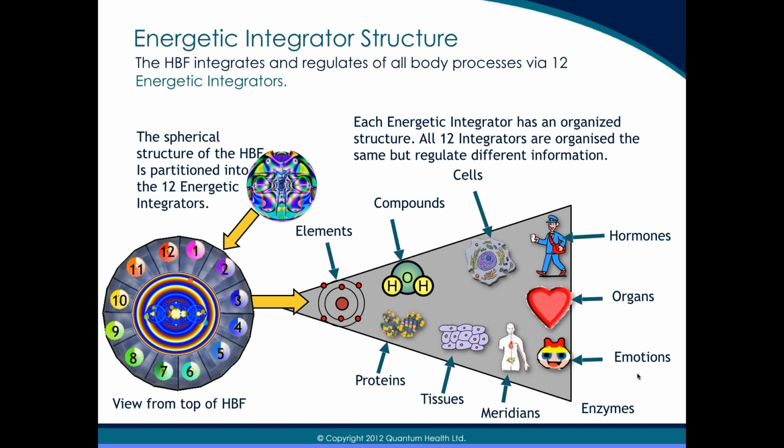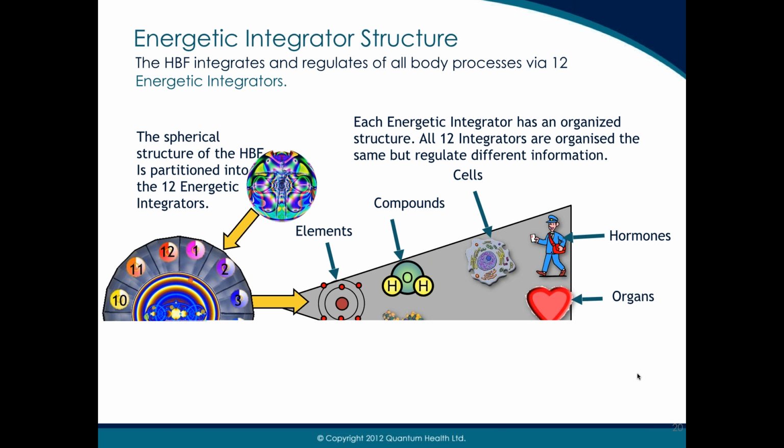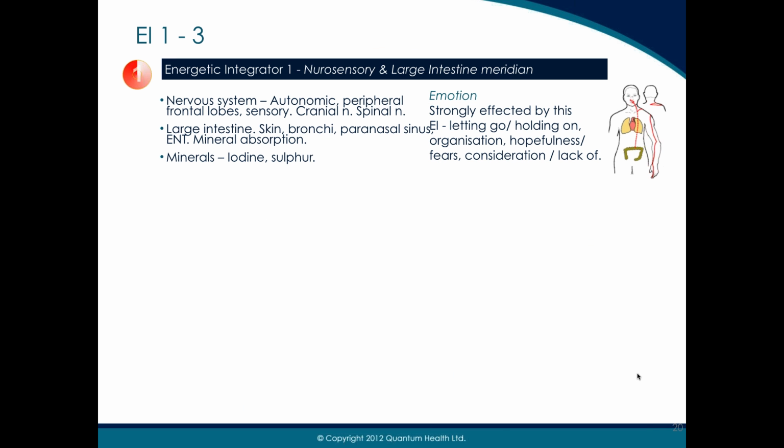And those 12 integrators, they organize the structures, and they organize and regulate different information. That's about communication, integration and regulation of the elements, the compounds, the cells, the hormones, the organs, the emotions, the enzymes, the meridians, the tissues, and the proteins. So you see that the integrator system is much more than only the meridian system.